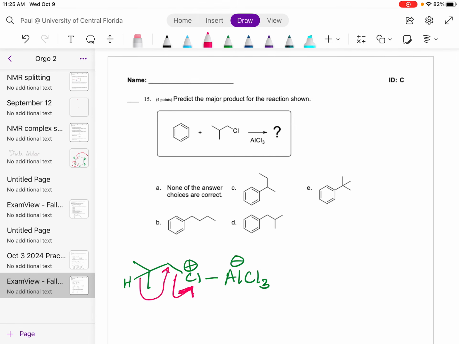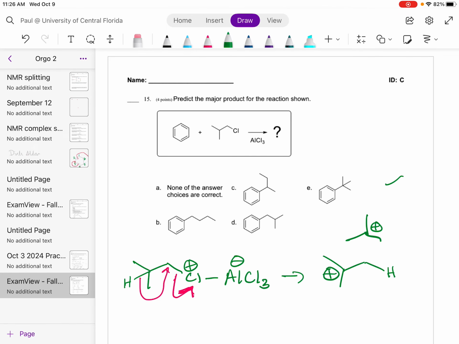That's going to give us this species right here, which is simply the same thing as drawing it like that. Our tertiary carbocation.